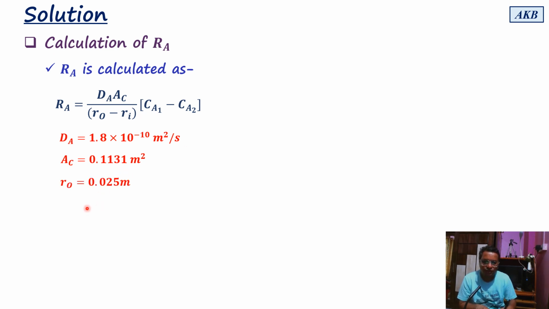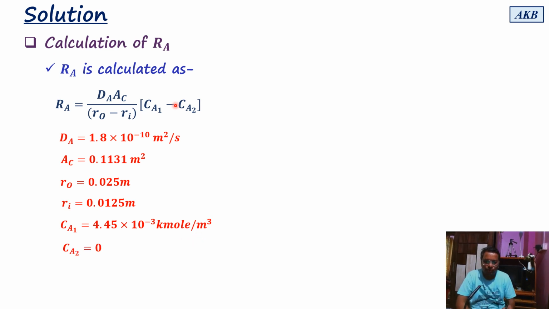Then Ro, we got it earlier, it is 0.025 meter. Ri we got it earlier, 0.0125 meter. Ca1 we got previously, it is 4.45 into 10 to the power minus 3 kilomole per meter cube. Then Ca2 we got as 0. We know why it is 0 now.